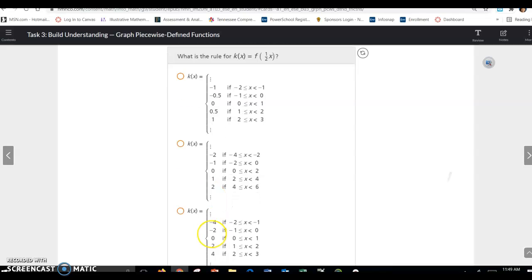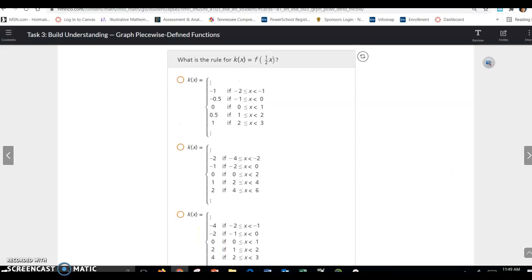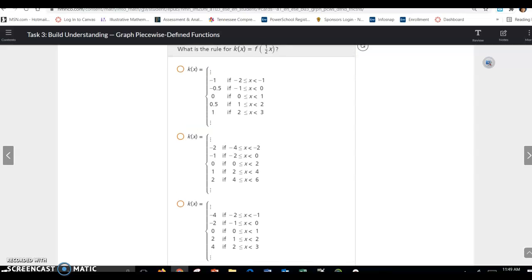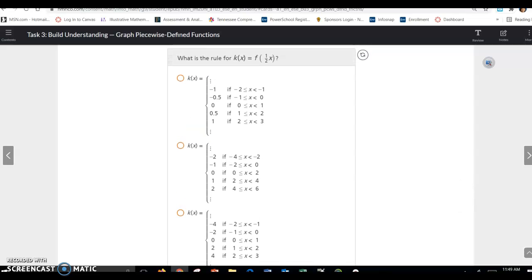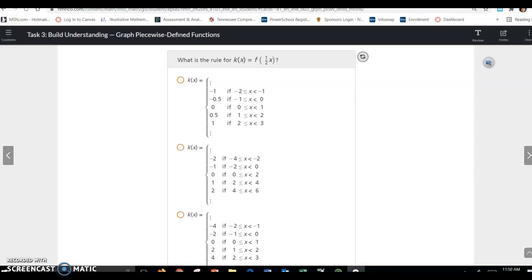So the Y's, half of X. All right, so this one, these are the ones that I think are a little tricky.